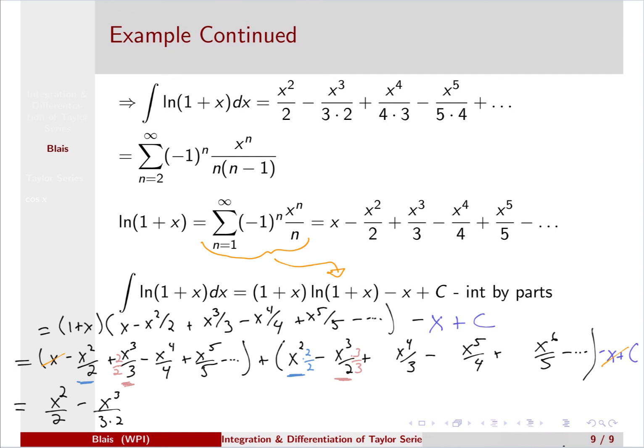For the x to the 4th term, we see we need to get a common denominator of 12, so we multiply by 3 over 3 here and 4 over 4 here. So the result, we have a denominator of 4 times 3, and we have a minus 3x to the 4th plus 4x to the 4th, or plus x to the 4th.